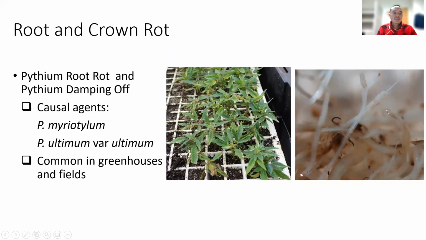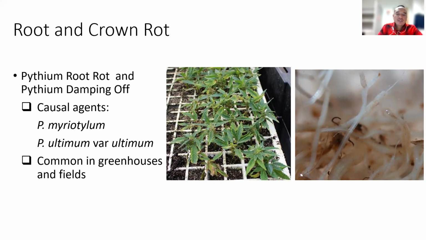On to root diseases, we have Pythium root rot and Pythium damping off. There are two Pythium species that have been reported to be associated with this disease, Pythium myriotylum and Pythium ultimum.